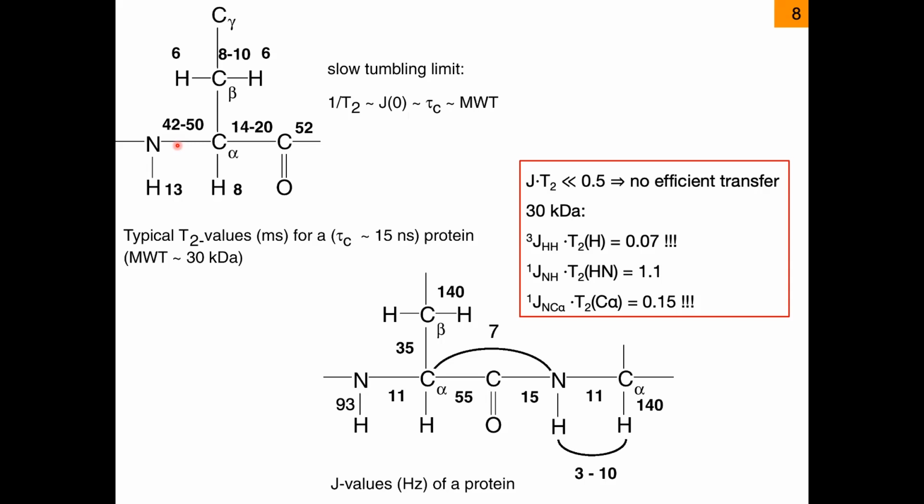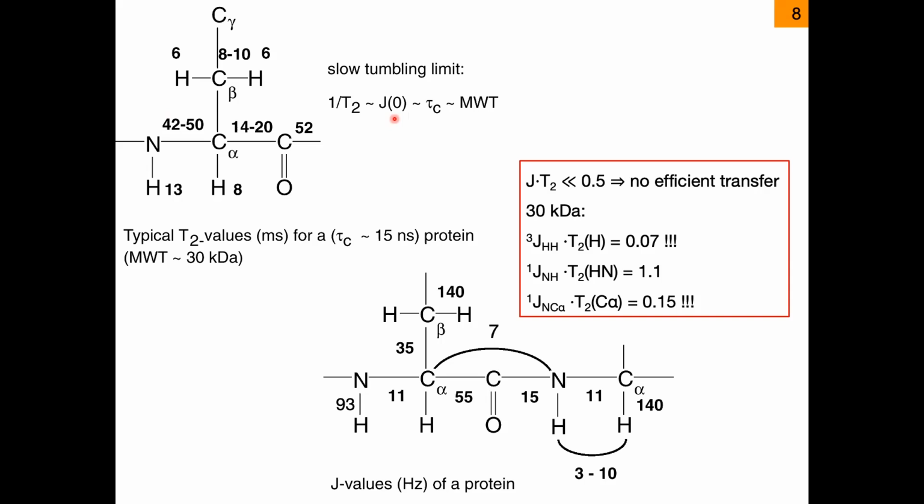then in the relaxation rate equations, this is 1 over T2, you find that they are always just proportional to this term J of 0. This is the spectral density at frequency 0, and this is just basically the rotational correlation time, tau c.